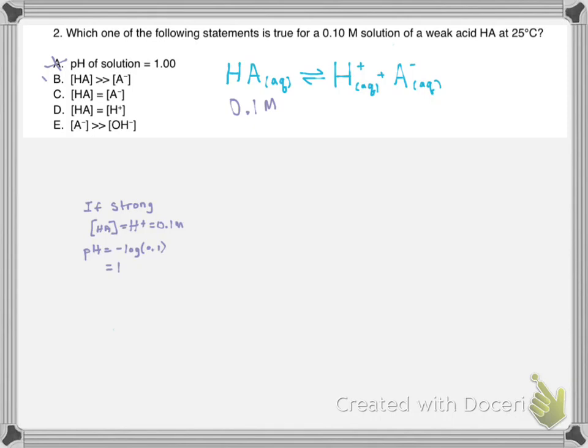And so B seems to make sense, that we would have a lot more of our original species than its conjugate, which then rules out C and D, because we're assuming it's not breaking apart very much. We're also not going to have very much of our conjugate base, and we don't have our Ka, so we can't solve for our conjugate base concentration, but we know that B is the answer, so we can rule out E.